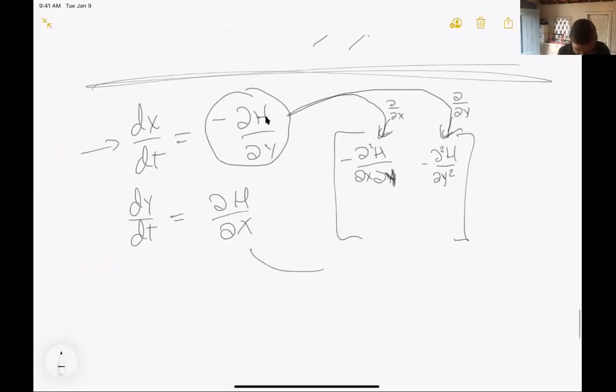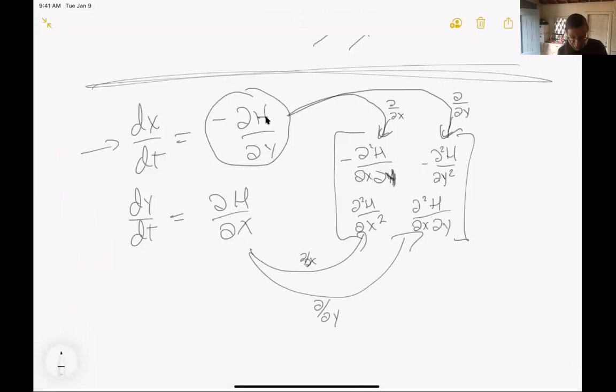And then same thing here, we're going to do the partial with respect to x and the partial with respect to y. So that gives us partial squared h partial x squared and partial squared h partial x partial y.